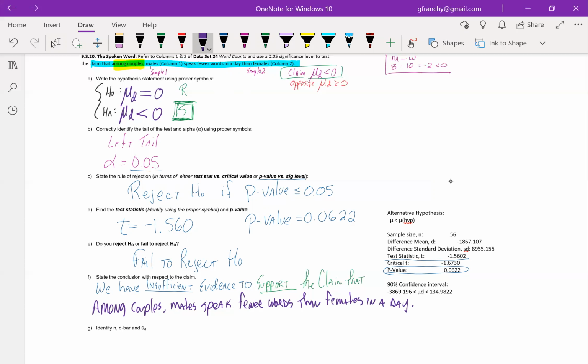We were unable to reject the null hypothesis. And again, the null hypothesis is that that difference is equal to 0, that there's no difference. So we weren't able to throw away the idea that there was no difference in the number of words spoken by male and female couples in a day.